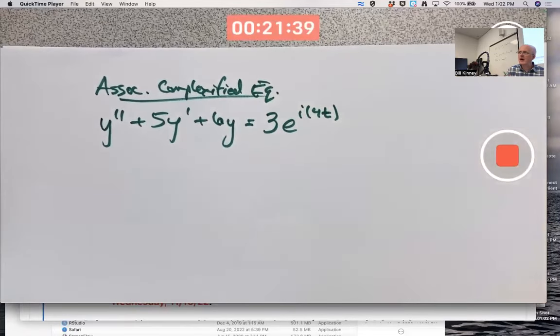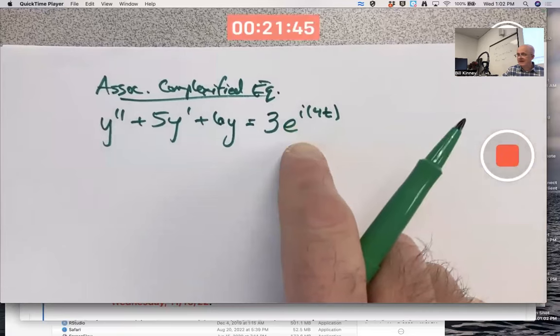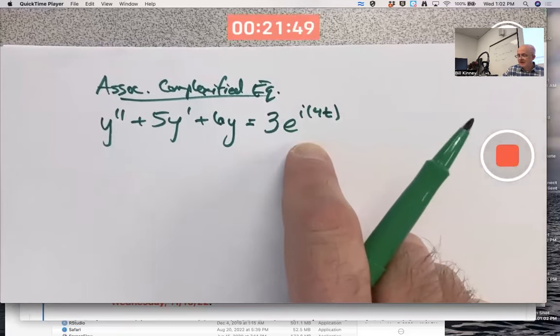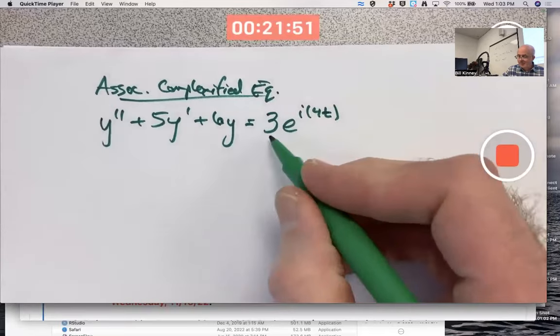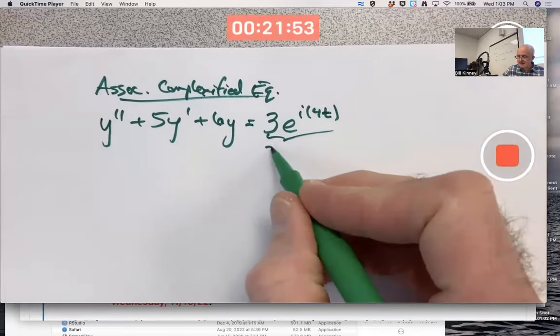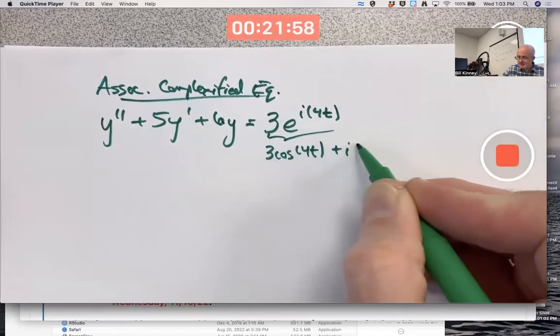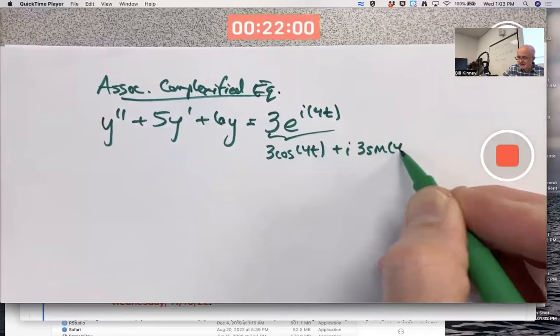But when the original equation's forcing function on the right side is a cosine or a sine, when you complexify, you want to make it a complex exponential. And if you think about Euler's formula, this is the same as 3 cos 4t plus i times 3 sin 4t.